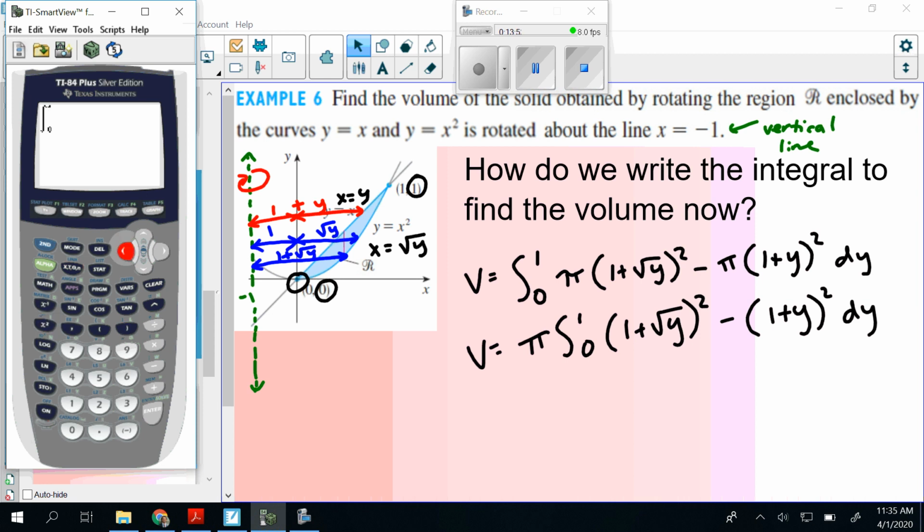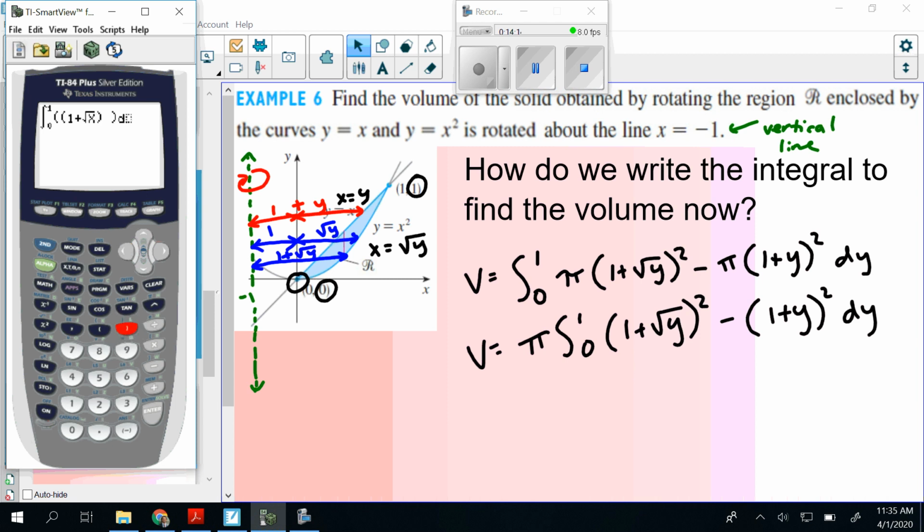Oops, I didn't hit the over button here, so let's get rid of that. Gotta hit over to get outside of that. Didn't get that out of there either. All right, hit over, over. All right, close the parentheses.